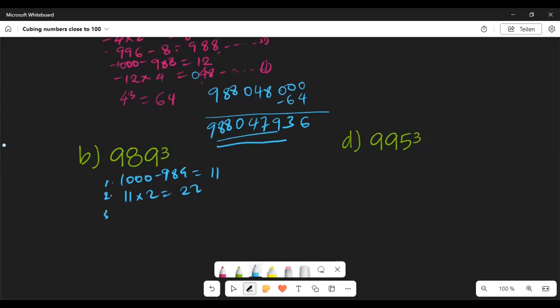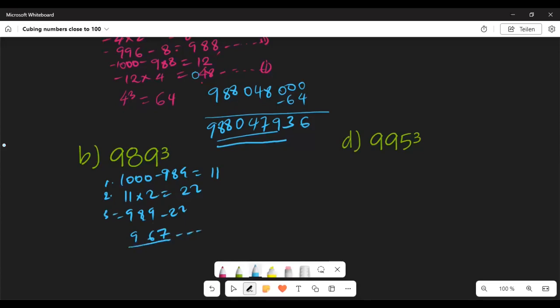Second, 989 minus 22. What's the answer? If you subtract the same, 9 minus 2 will give us 7. 8 minus 2 will give us 6. And then we have 9.